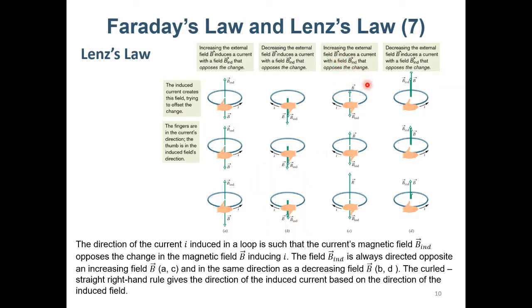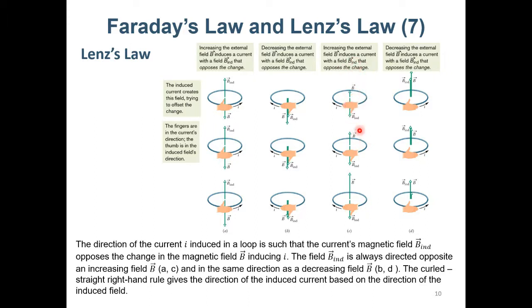And the third situation is that the external B field is decreasing until it reaches 0, and then it is pointing upward. So the external B field is increasing, pointing upward.